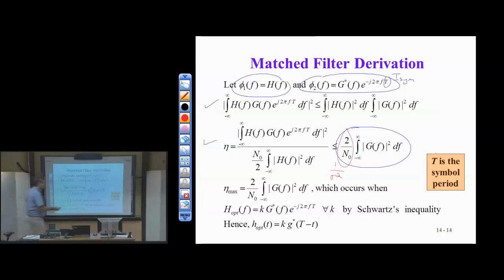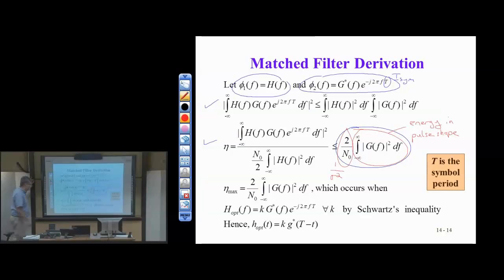The energy in the pulse shape is calculated in the Fourier domain, so it's the integral over all frequencies of the power spectrum. We know this bound now. Given a variance of the noise in the channel and a pulse shape, we can compute the max SNR we can reach. We also know when that max SNR is reached.